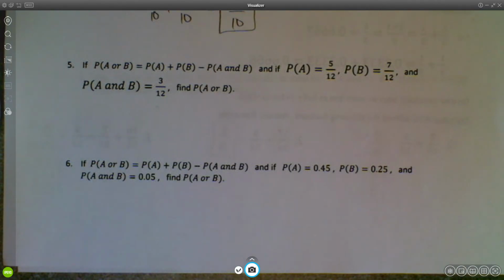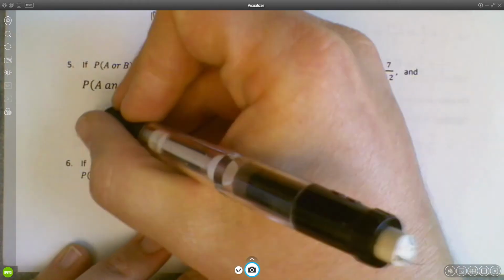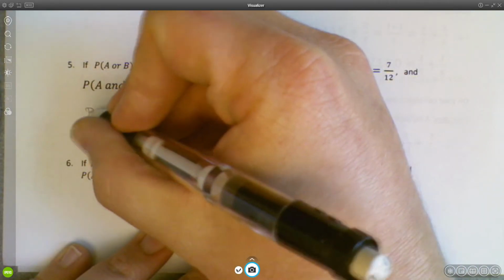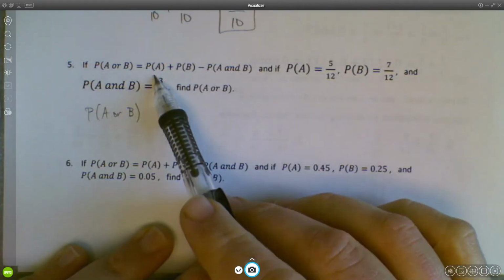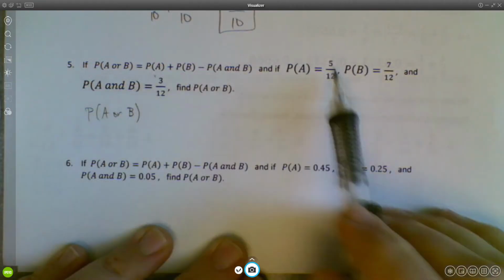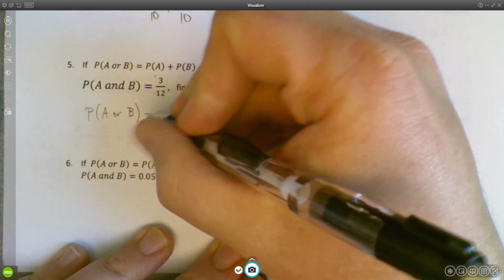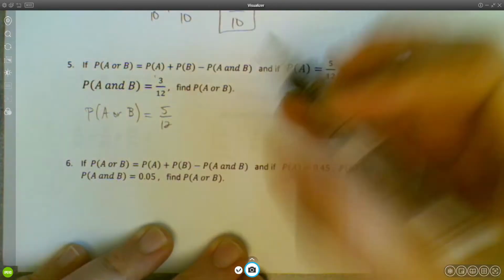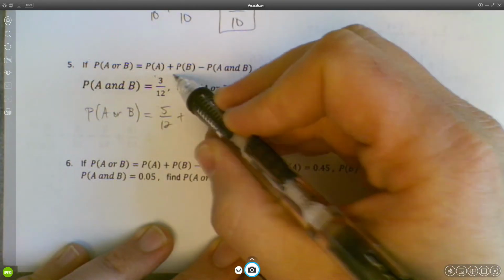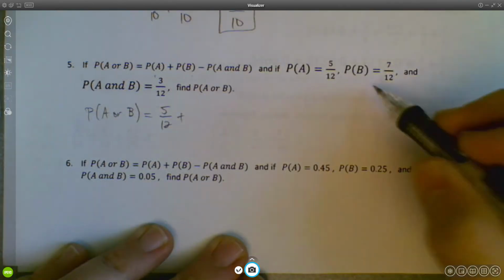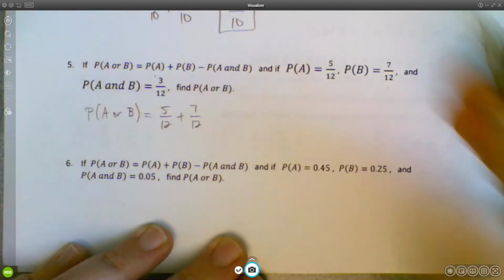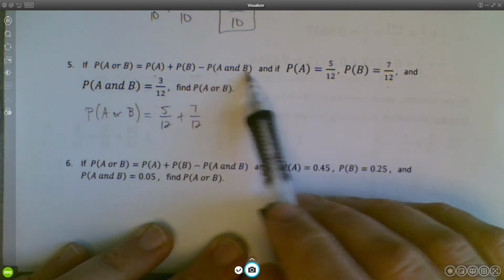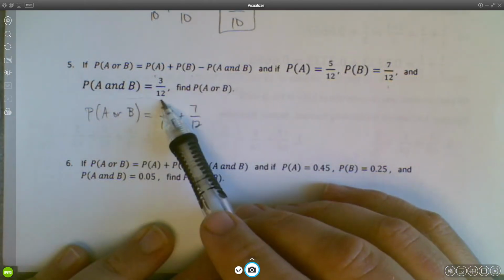Okay, so here's my solution. So I know probability of A or B is going to be probability of A, that's 5/12, plus probability of B, that's 7/12, minus probability of A and B, that's 3/12.